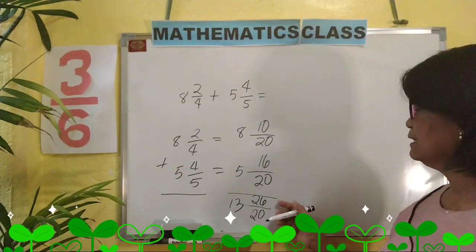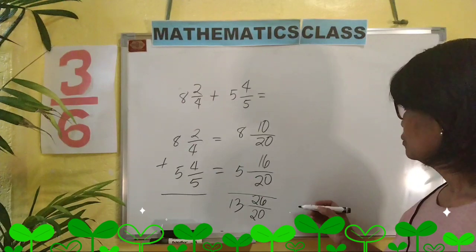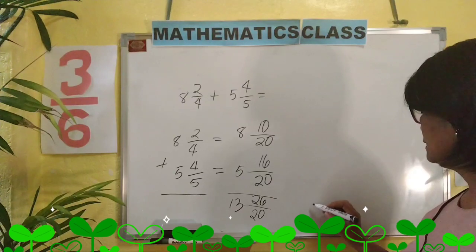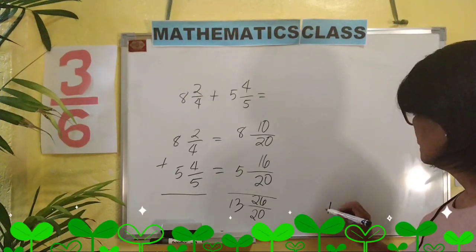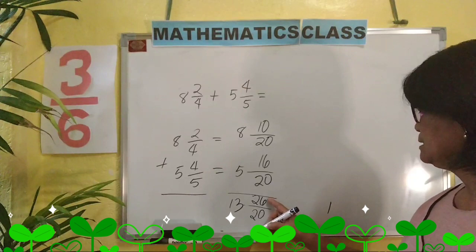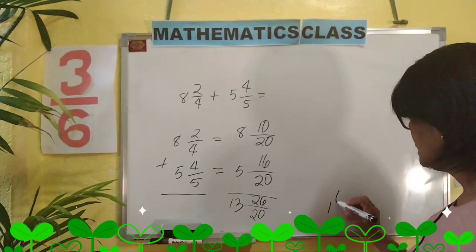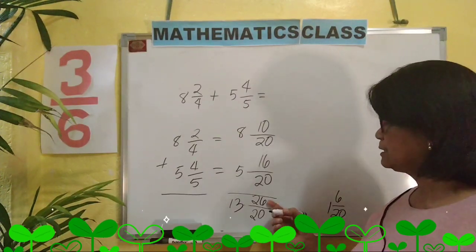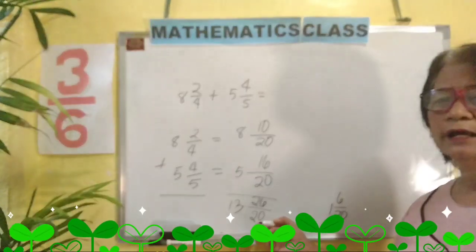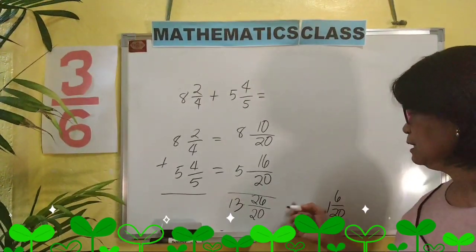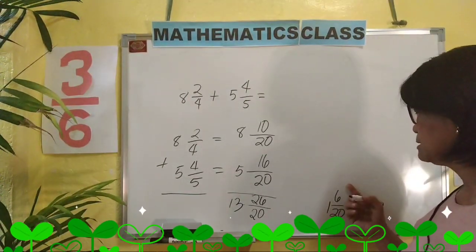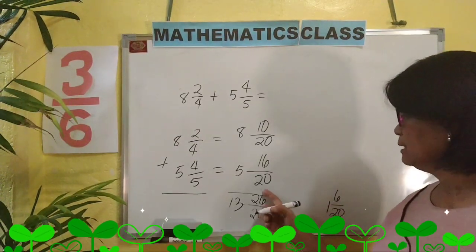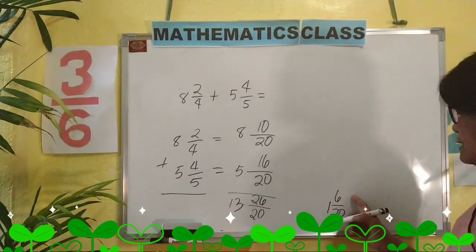There is 1 twenty in 26. 26 minus 20 is 6 over 20. So, when we divide 26 by 20, it has 1 whole number. The remainder is 6. So, 6 over the common denominator of 20. So, simplifying this into a mixed number is 1 and 6/20.